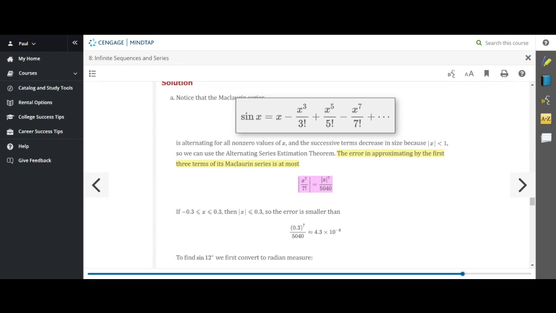The polynomial x minus x cubed over 3 factorial plus x to the 5th over 5 factorial is a 5th degree Maclaurin polynomial. The error in that approximation would be at most the 4th term, absolute value of x to the 7th over 5,040.